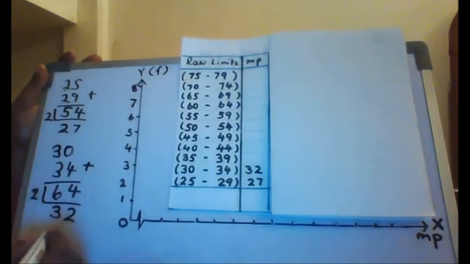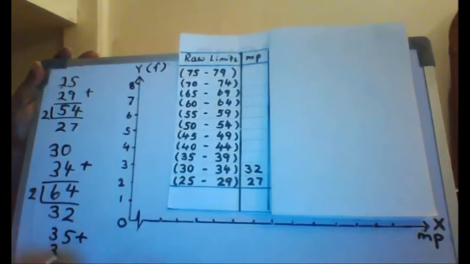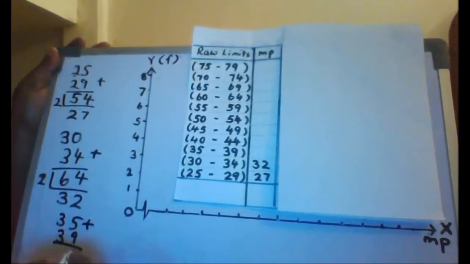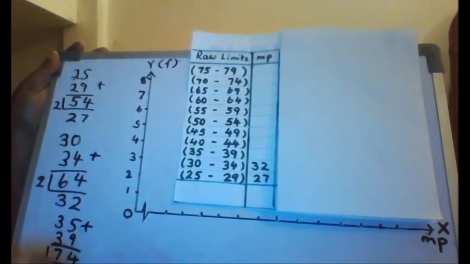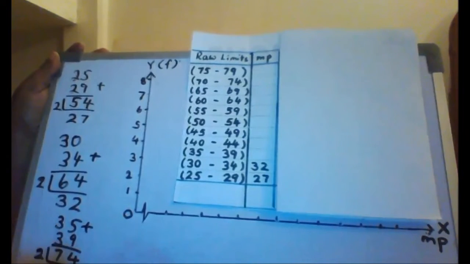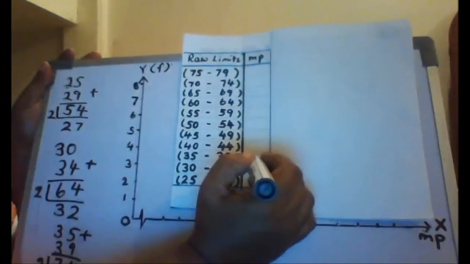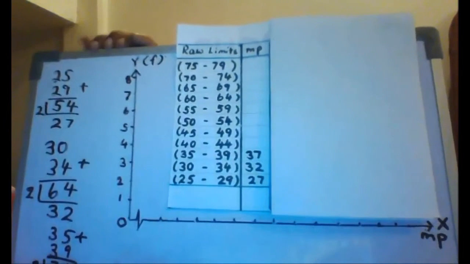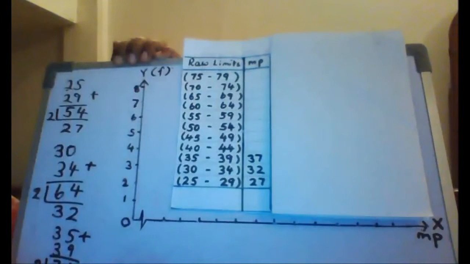Then we'll take this one, 35 plus 39. That will be 74. Divide that by 2. 37. We'll put 37 here. You can do it like that also, by getting all the midpoints like this.